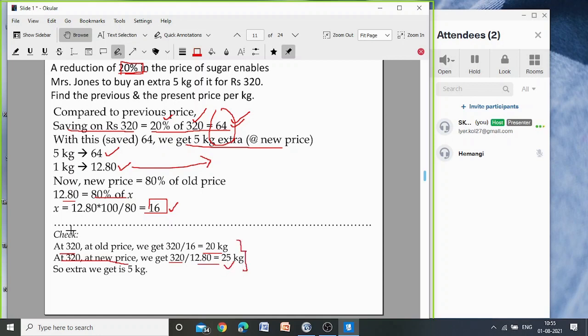This is a cross check while practicing at home. Previously you could buy 20 kg at 16 rupees. Now at the new price of 12.80, the difference happens to be 5 kg. That was what we got, extra 5 kg.